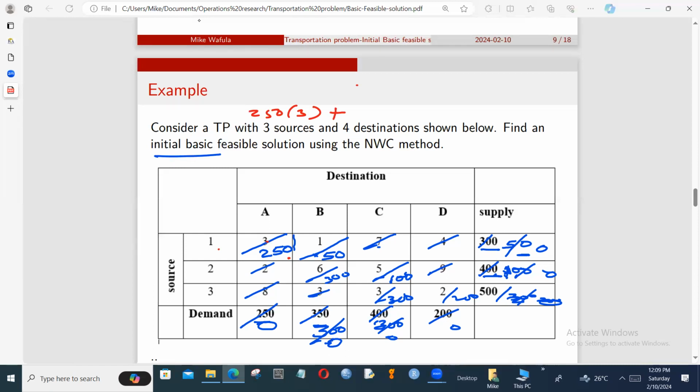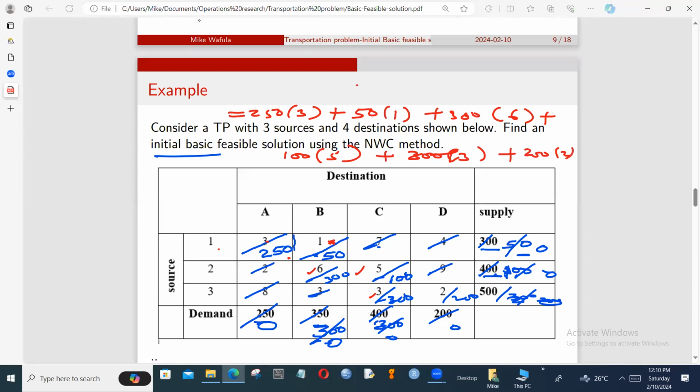Plus the cost in this particular cell will be given by 50 times 1, plus this other cost here will be 300 times 6, plus this cost here will be 100 times 5. This cost here will be 300 times 3, and then this other one here will be 200 times 2. How much do we get?